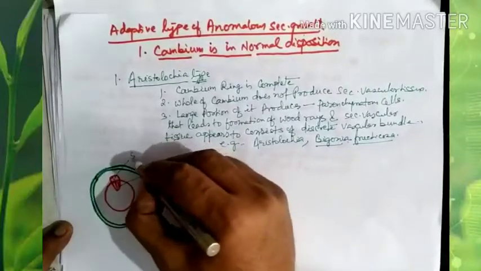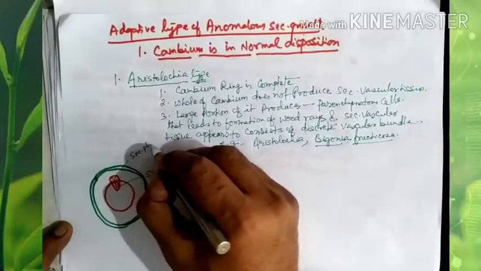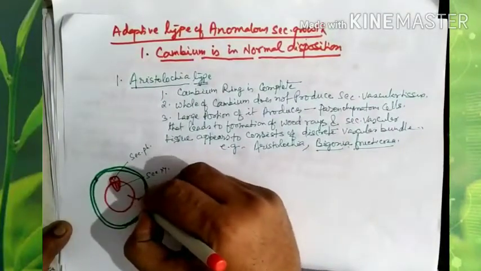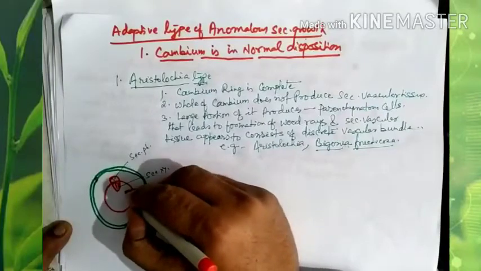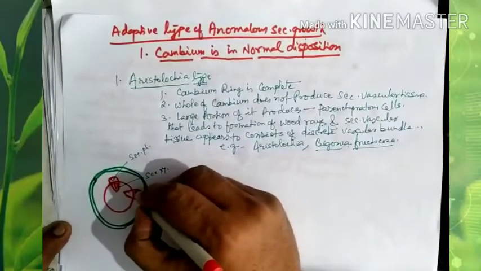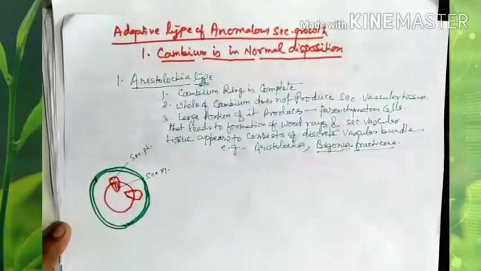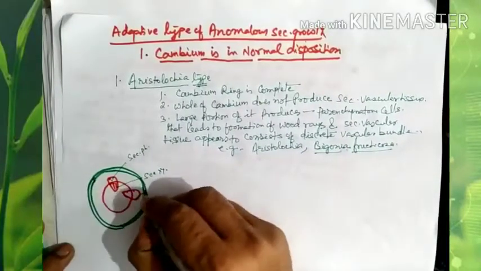This is secondary phloem, and likewise here also a large amount of xylem is formed with respect to the phloem. This is the secondary phloem.